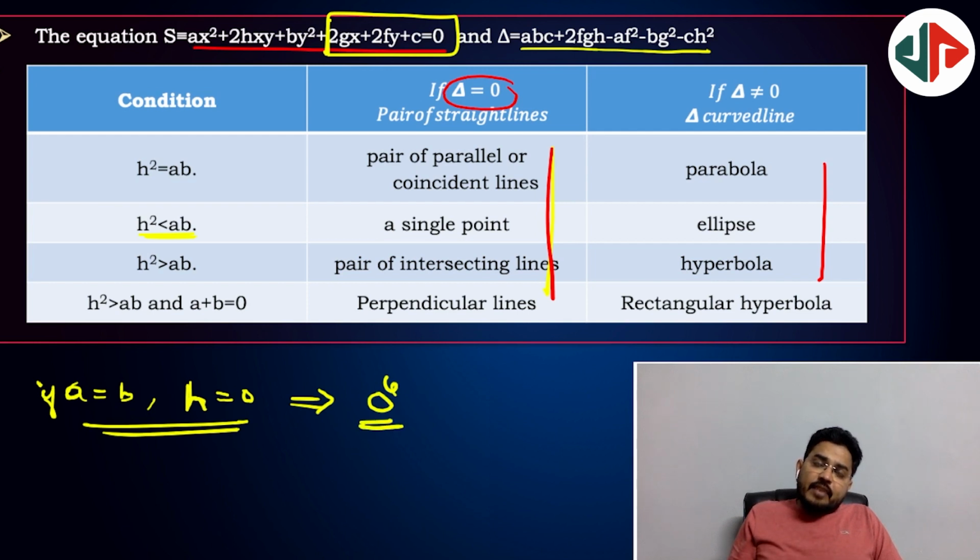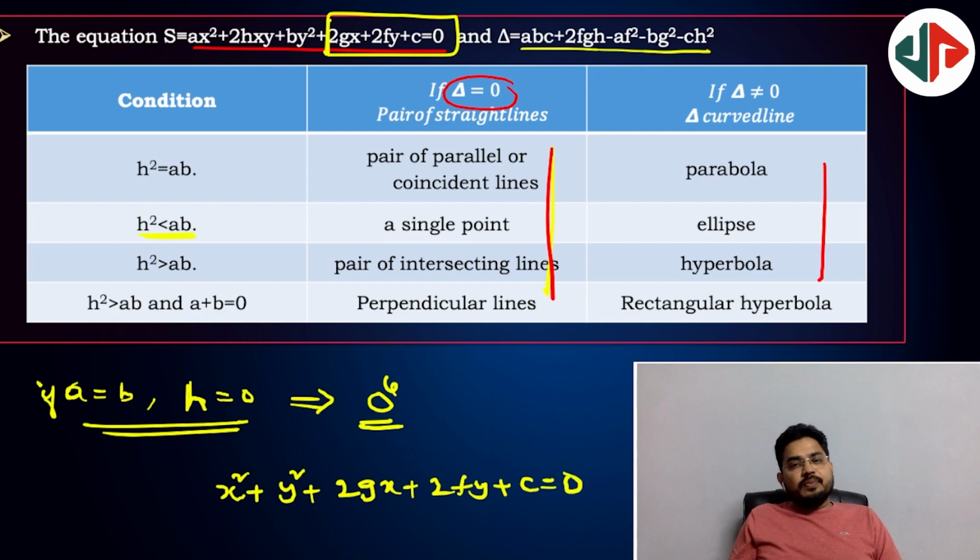So the standard form of this circle is always x square plus y square plus 2gx plus 2fy plus c is equal to 0.